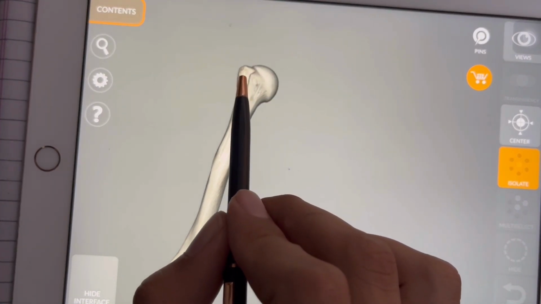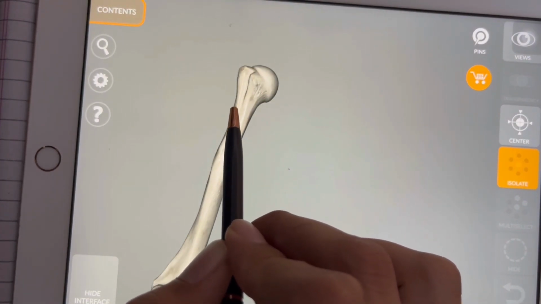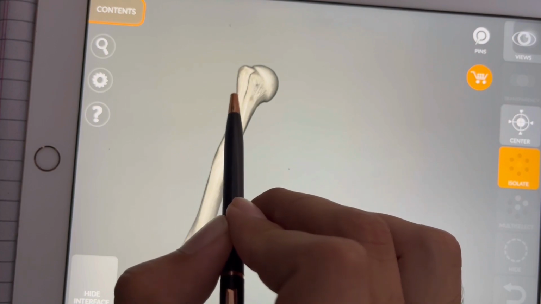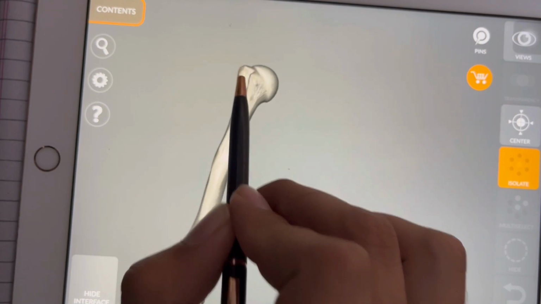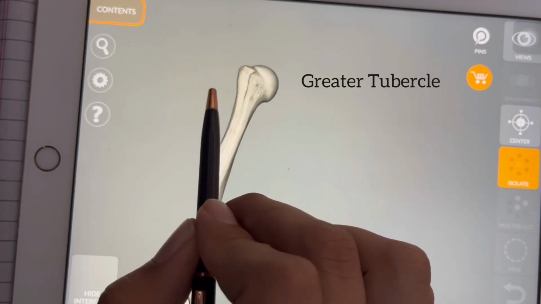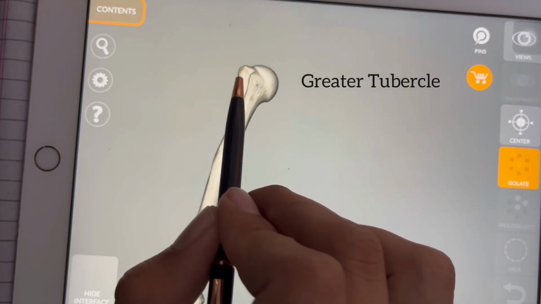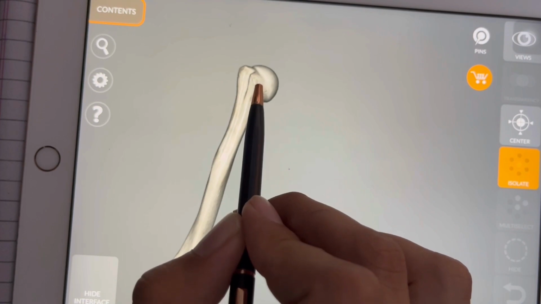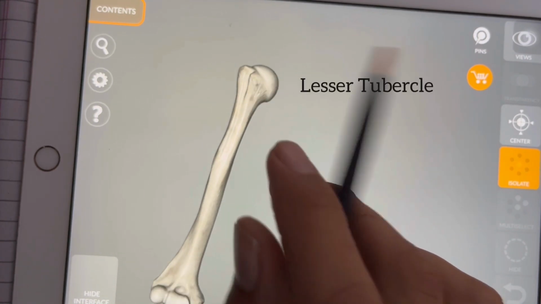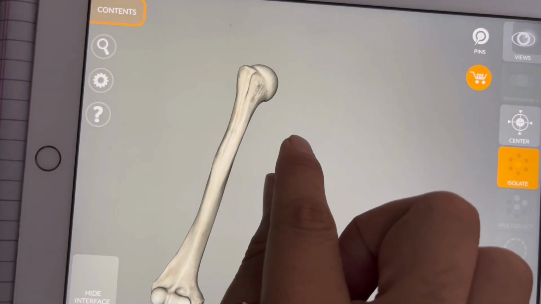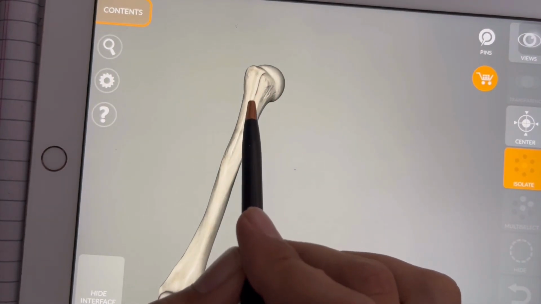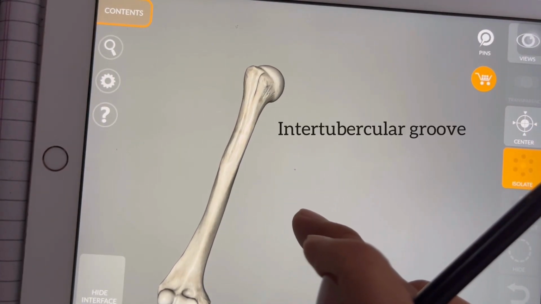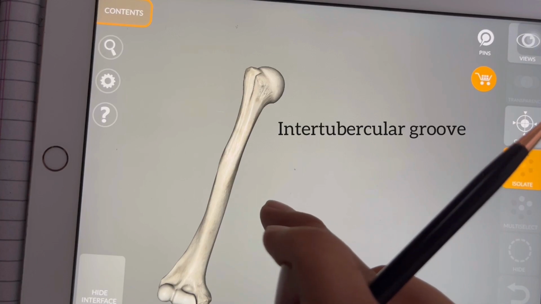Now laterally on the humerus bone, this greater rough elevation is called the greater tubercle, and medial to the greater tubercle, this lesser rough elevation is called the lesser tubercle, while the groove between these two tubercles, as you can see, is called the intertubercular groove.